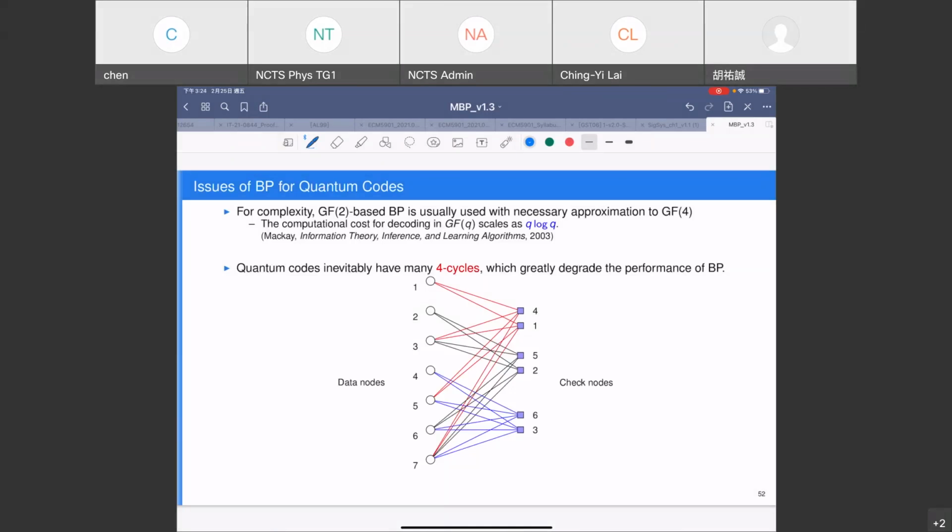So if they commute with each other, then it implies that we must have many 4 cycles in the factor graph. Okay, so these many 4 cycles will deteriorate the performance of belief propagation. Right, so this is a very important question in quantum belief propagation.